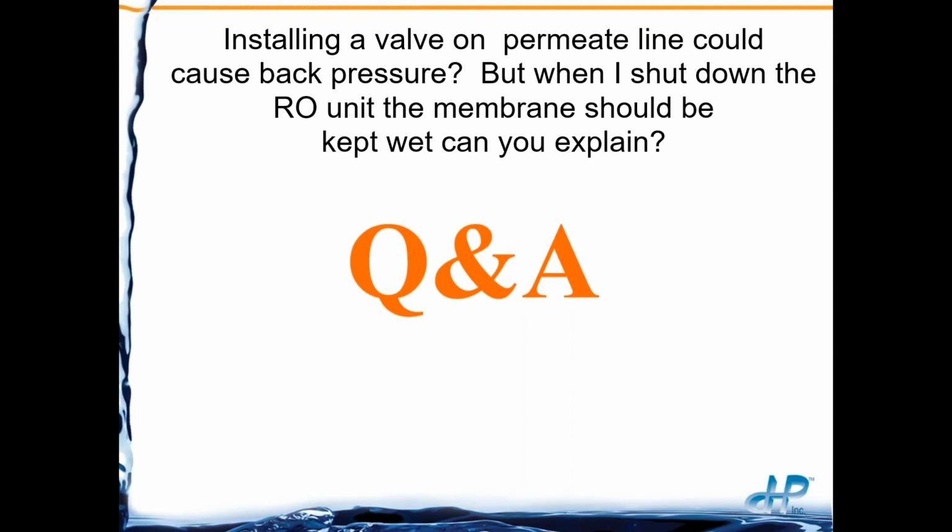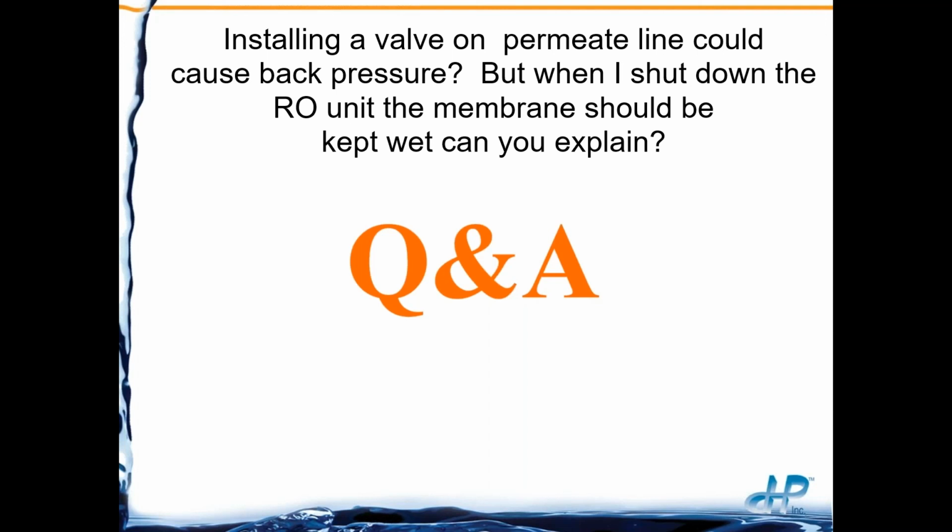One of the reasons why they'll do this is, let's say you have a storage tank that the RO permeate is going into. Generally speaking, they'll have a pipe coming up to the very top of your storage tank, and that'll keep water on that permeate side.